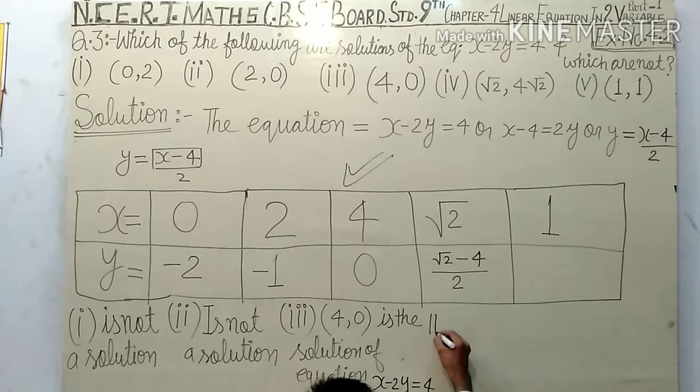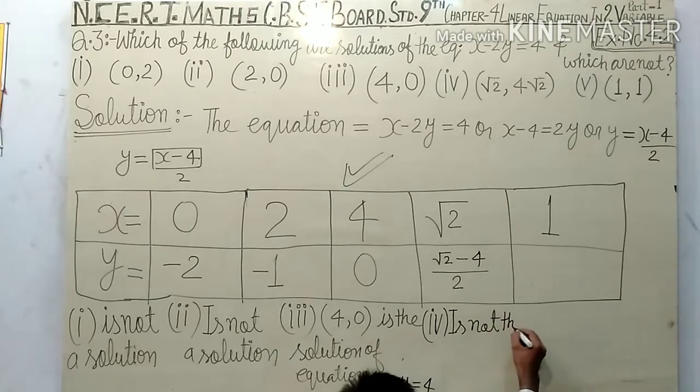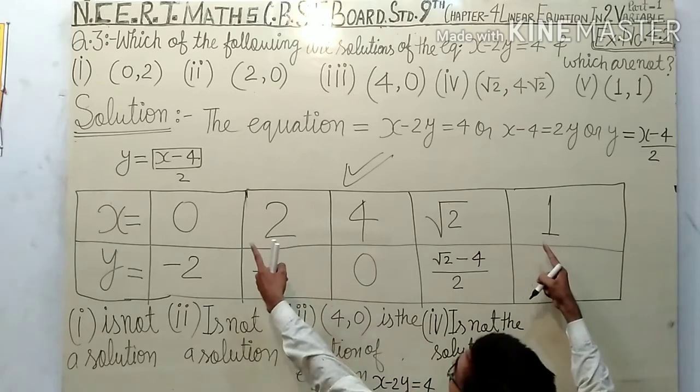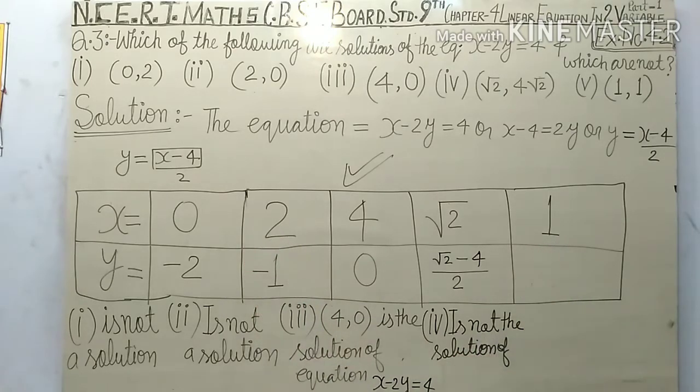Then you will write option 4 is not the solution of given equation x minus 2y equals 4. And now by putting value of x as 1, 1 minus 4 equal minus 3, thus minus 3 by 2. This value also doesn't satisfy our equation, hence only one option is true, that is the solution of our given equation.